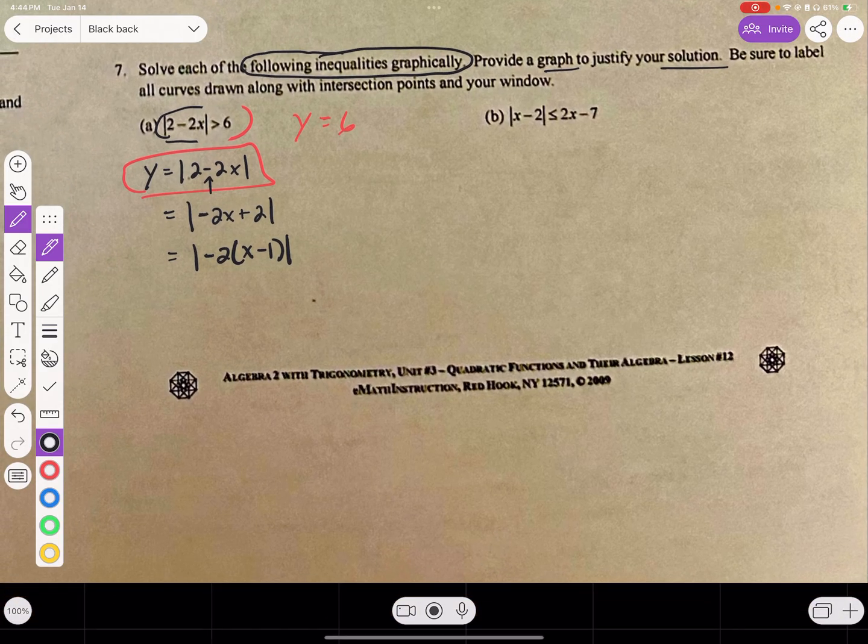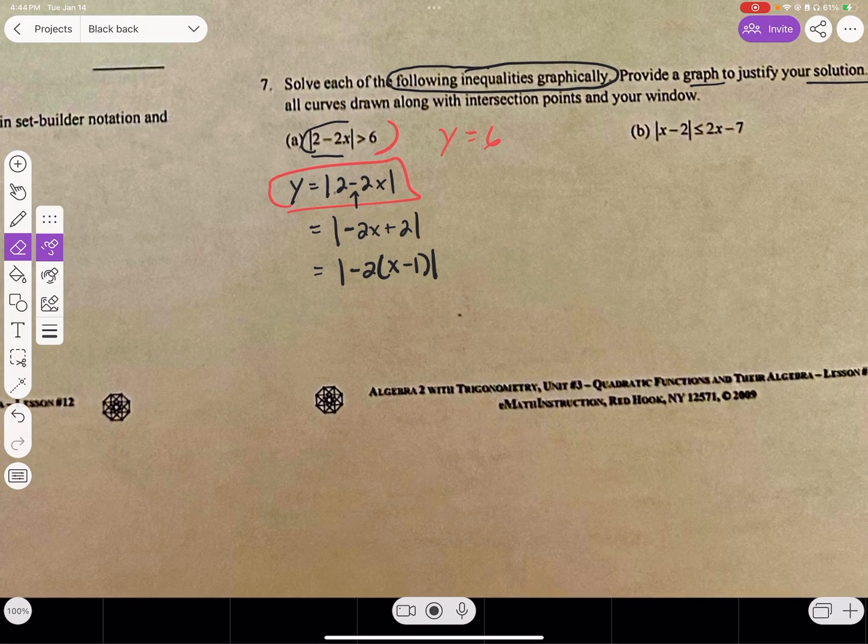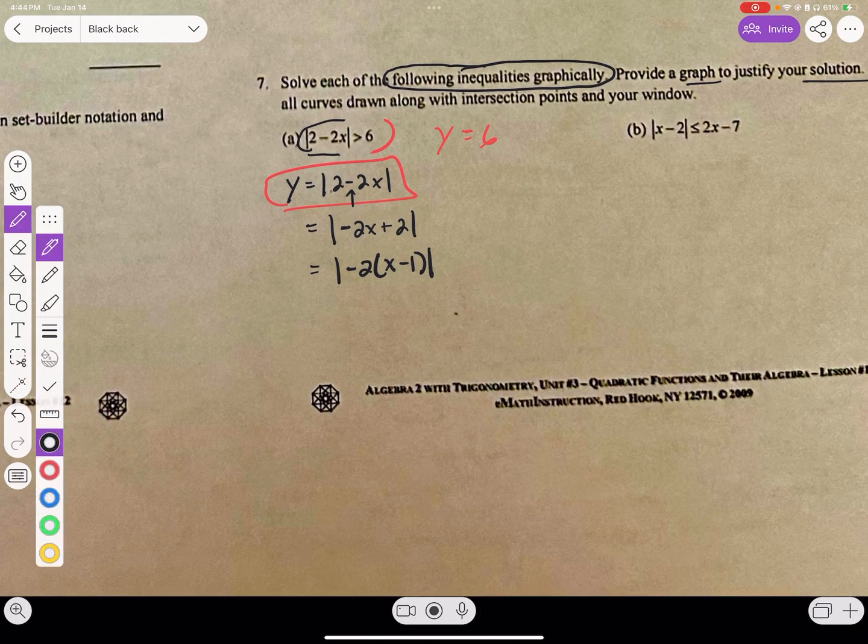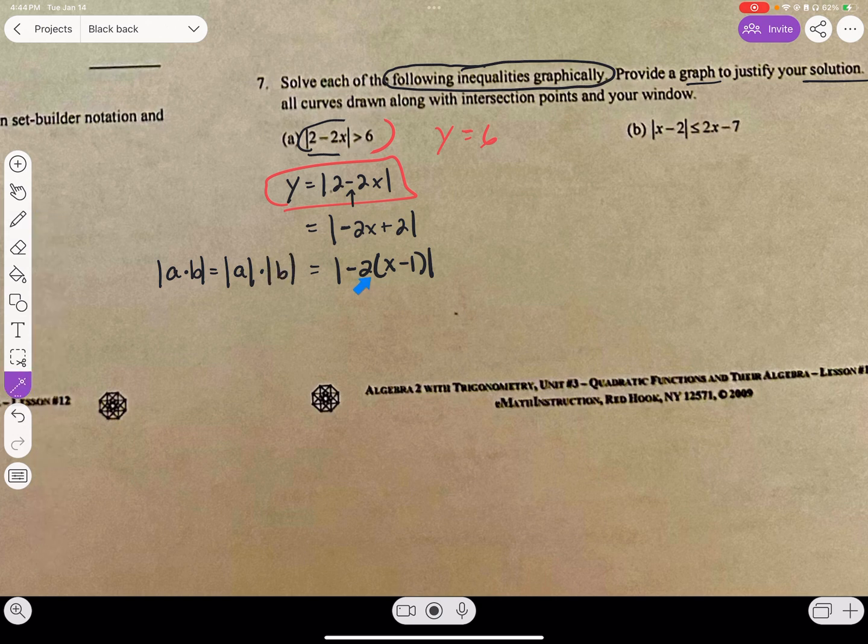And there's a little property. Now, I don't know if he's taught you this or not, but I assume if your teacher's doing it this way, he will. If you have the absolute value of a times b, you can separate it as the absolute value of a times the absolute value of b. And so that's what we have here. This is negative 2, that's like my a, times x minus 1. The whole x minus 1 is like my b.